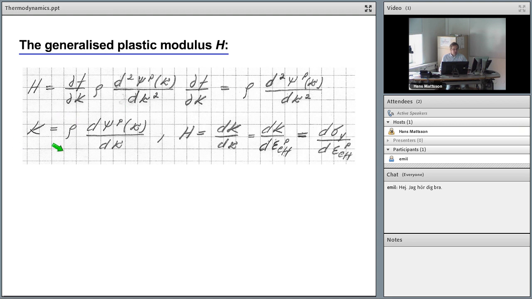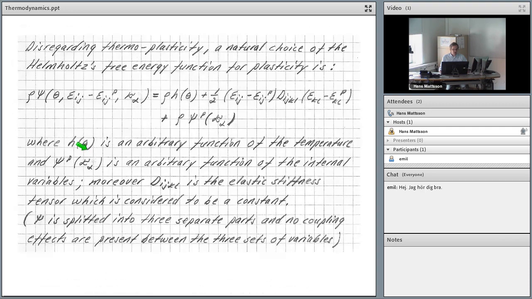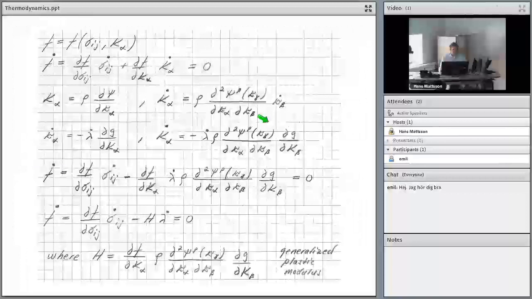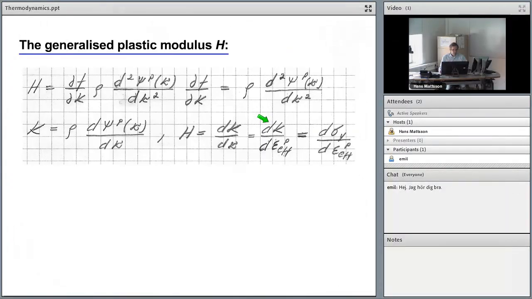This we got from the derivatives of the Helmholtz function in the beginning. But then, of course, we have put in these 3 terms in the Helmholtz function, so it becomes this term here.